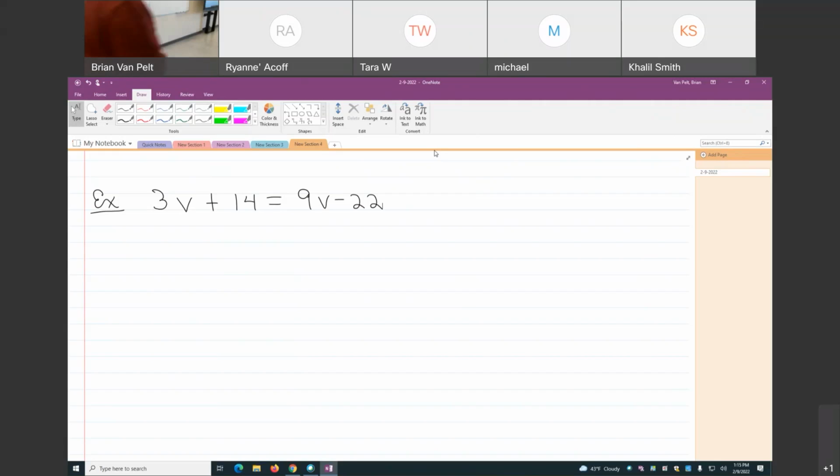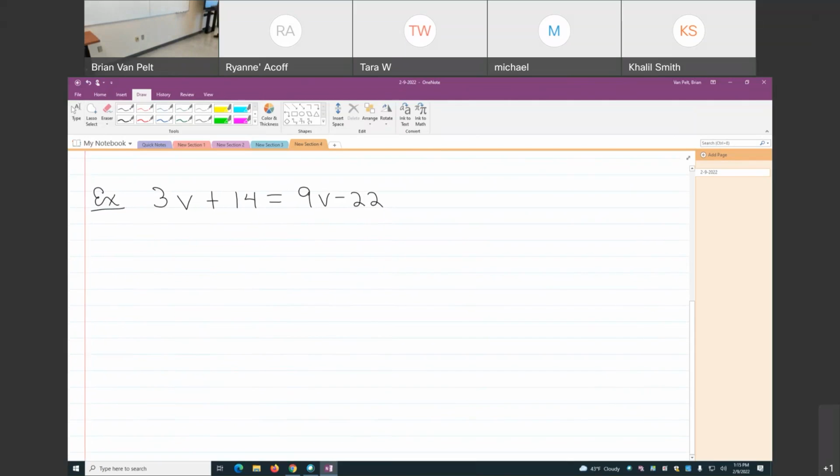Look, what we want to do, like the previous problem that I did, is get the letter, the unknown quantity, on one side. And that can be accomplished in this case by subtraction. For example, if I subtract 3b, let me see what I have next.